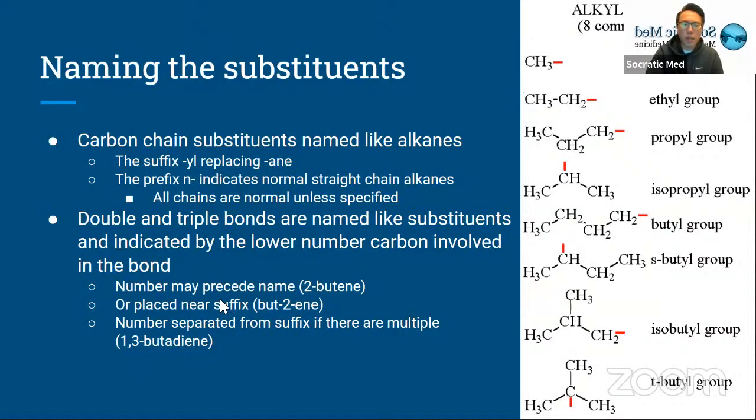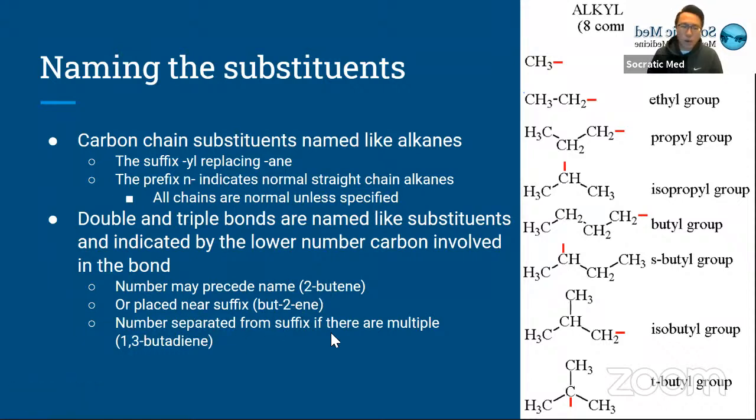Or you can put it in between the name, so but to specify the length of the chain, 2 specifies where the double bond starts in the chain, and then ene to specify there is a double bond in the chain. On the MCAT, they'll use it either way.